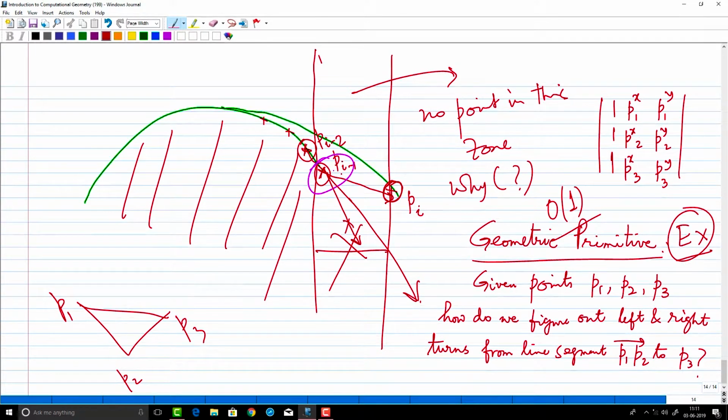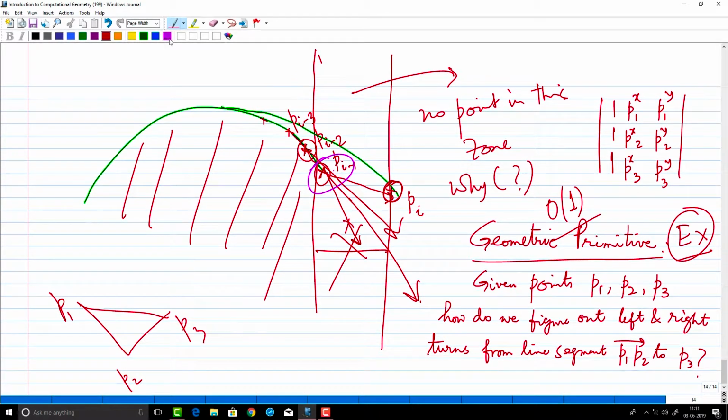So, next what you do? You look at P I minus 1, which has no business. So, what remains now is P I minus 2 and P I minus 3. Again you do the same thing, and again it is a left turn.